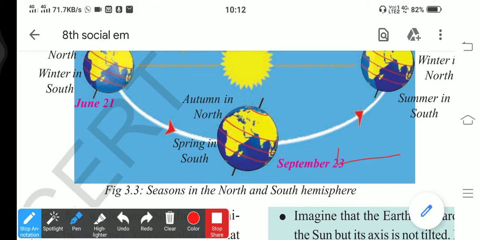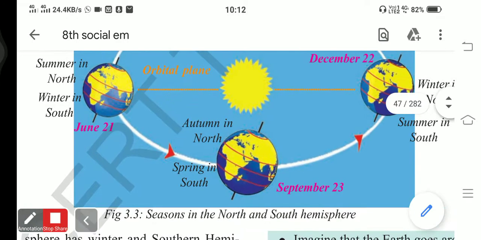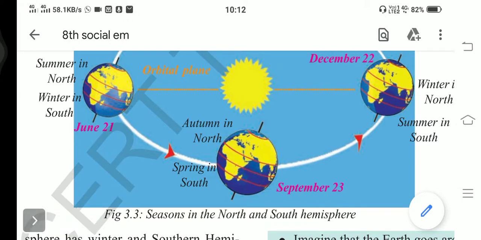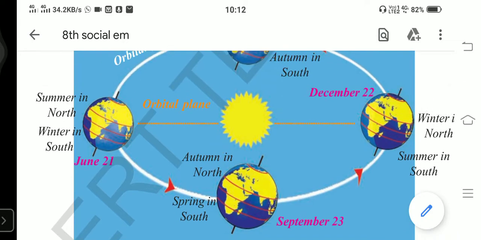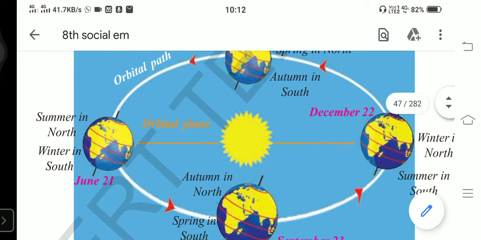Look here, dear students. So it means that there is a change in the seasons caused by the tilt of the earth.